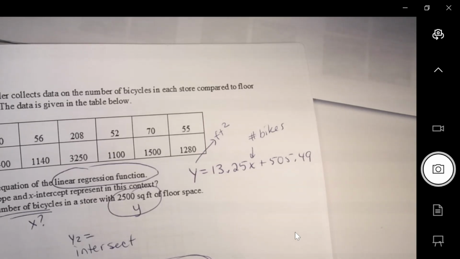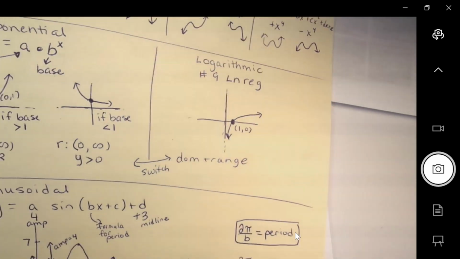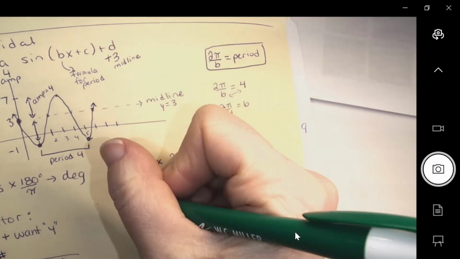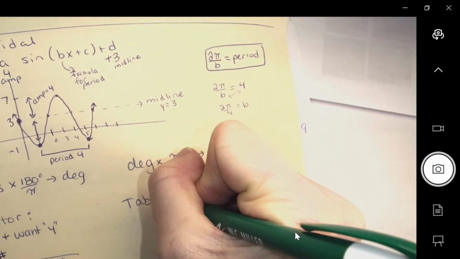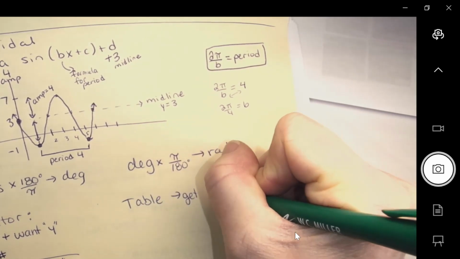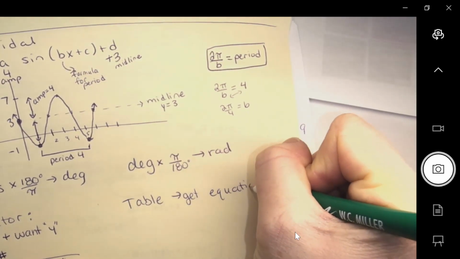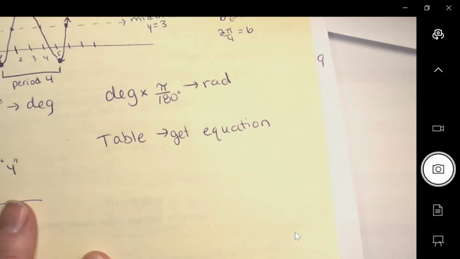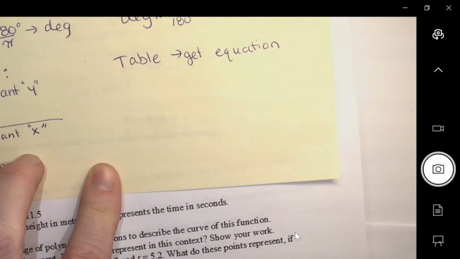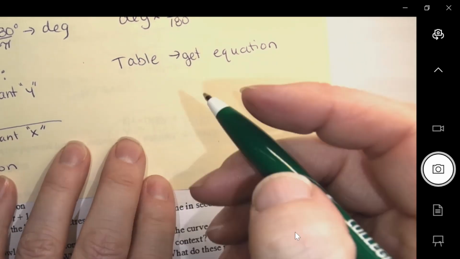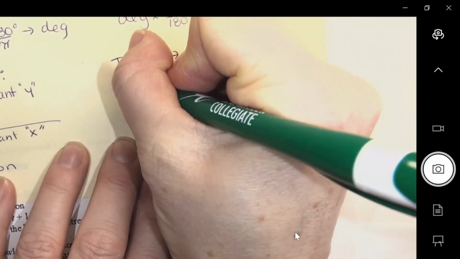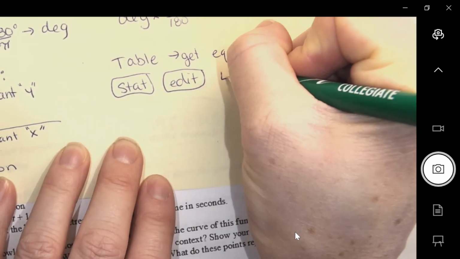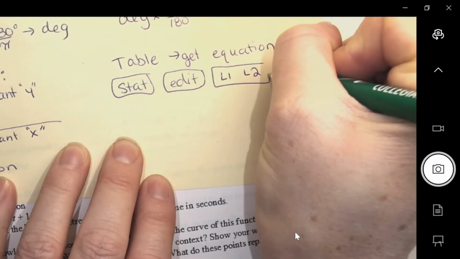All right, let's write this down. Okay, so when you're given a table and you need to get an equation, you're obviously going to have this on your exam somewhere. Okay, so we did stat, edit, L1, L2.